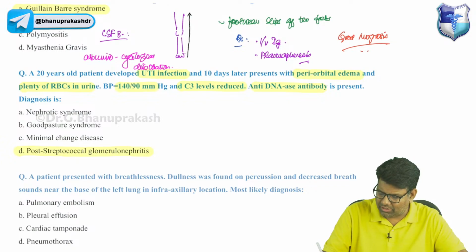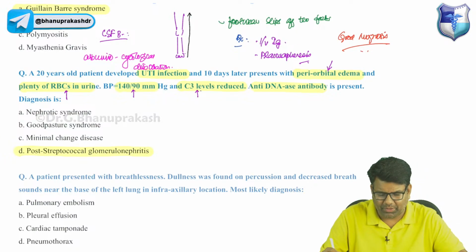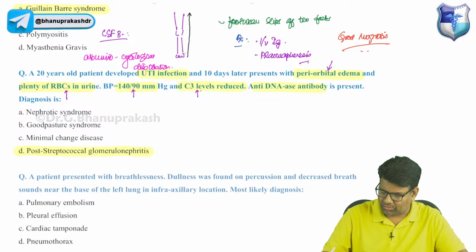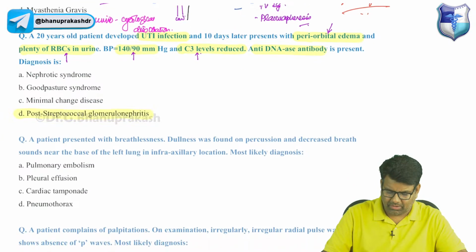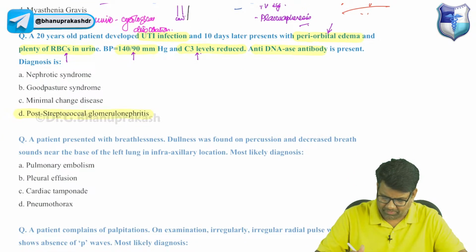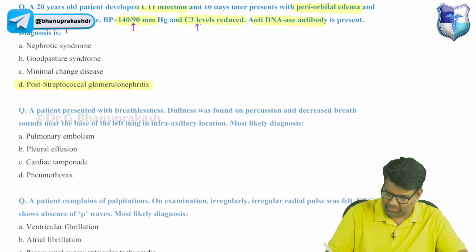Now this additional word has been written just to confuse you, but if you look at the other features, all are going in favor of PSGN. The past history is an indicator of streptococcal infection. So this is PSGN.